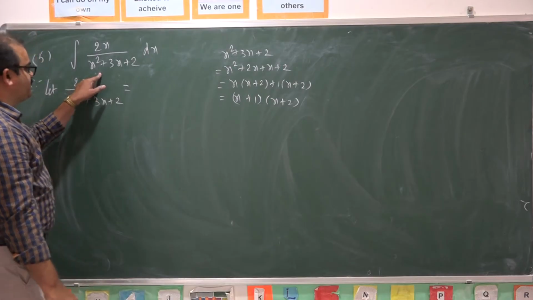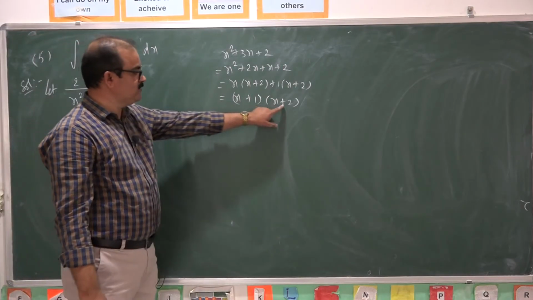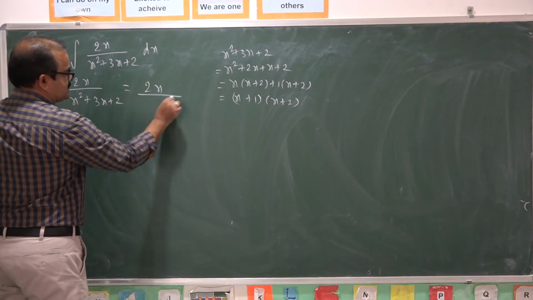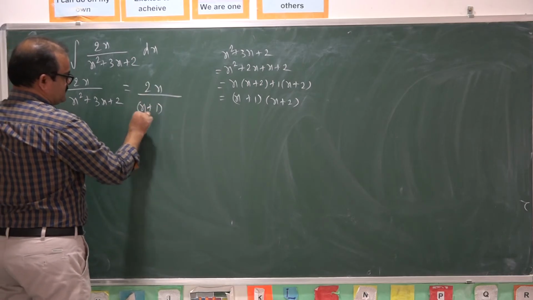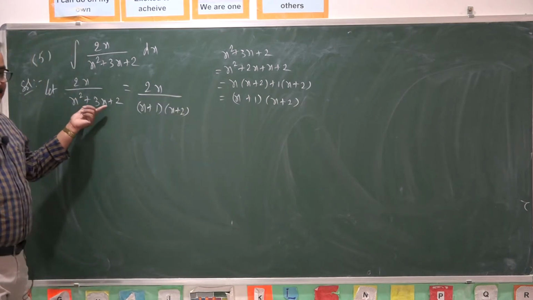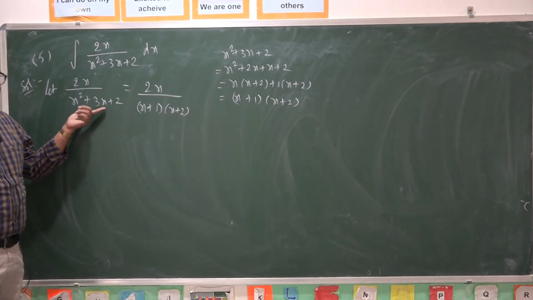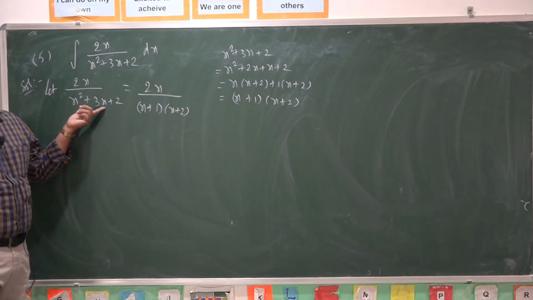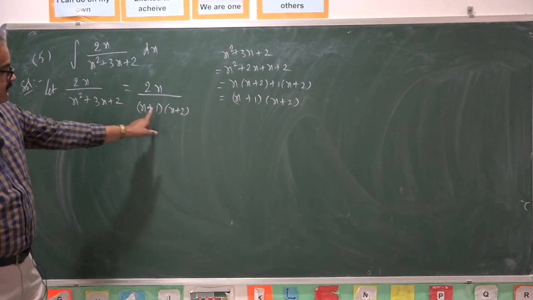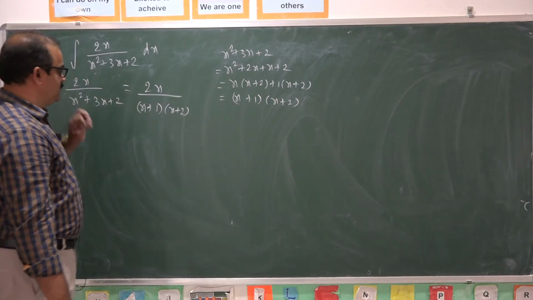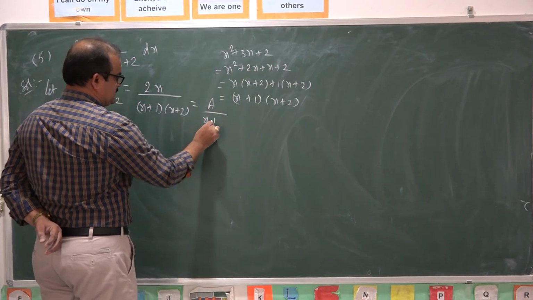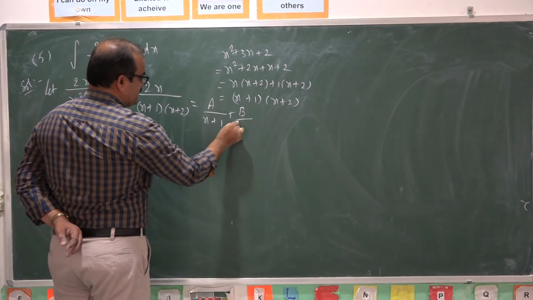So this quadratic factor is reduced into two linear factors, 2x by (x plus 1)(x plus 2). First we check whether the quadratic factor is reducible or not. If it is reducible, you must reduce it into two linear factors. Now, what are the partial fractions of this? A by (x plus 1) plus B by (x plus 2).